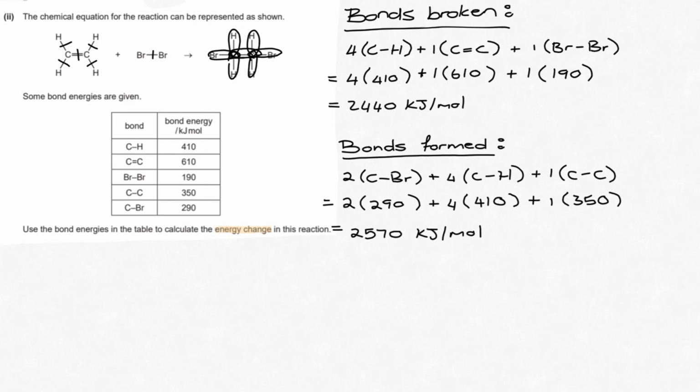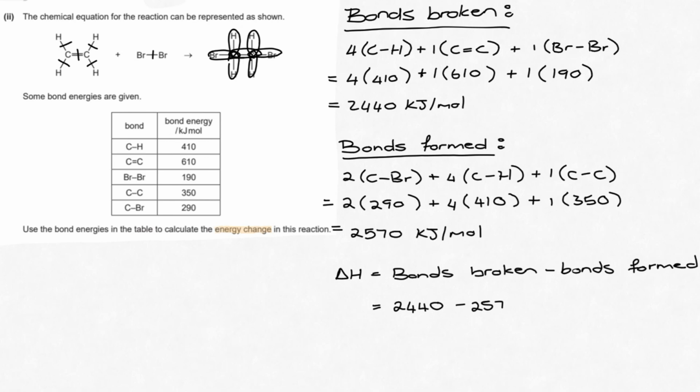So my last step is to calculate the enthalpy change. So I remember that my enthalpy change is equal to the bonds being broken minus the bonds being formed. Now the total energy needed to break my bonds was 2,440 kilojoules per mole, minus the total energy released from my bonds being formed was 2,570 kilojoules per mole.